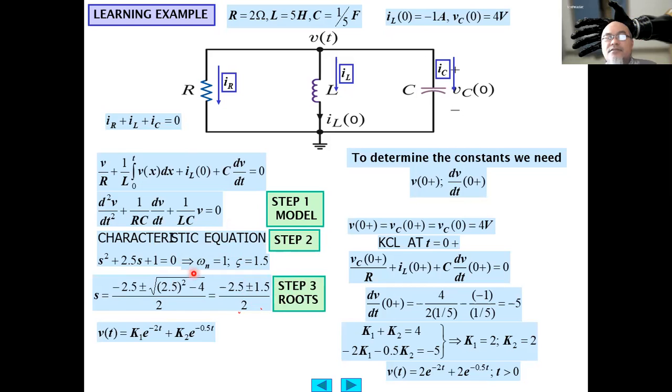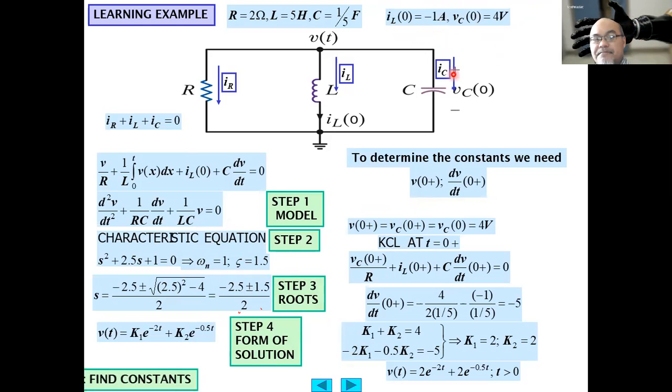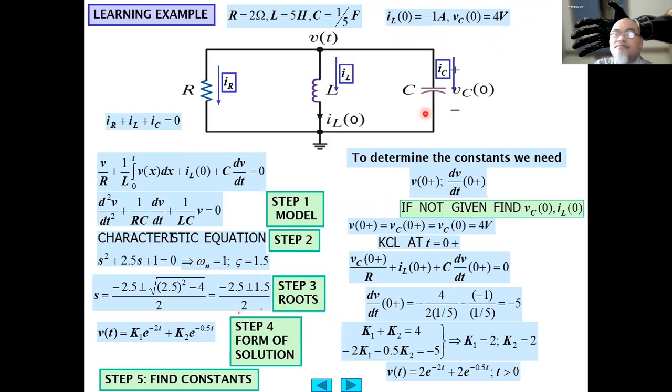Step 3 is finding the roots S. Then forming the solution and finding the constants by using the initial values given in the problem. If V(0 plus) and dV/dt(0 plus) are not given, you find V from the Vc(0), and you find dV/dt at 0 plus from the IL(0), using KCL, Kirchhoff's current law.